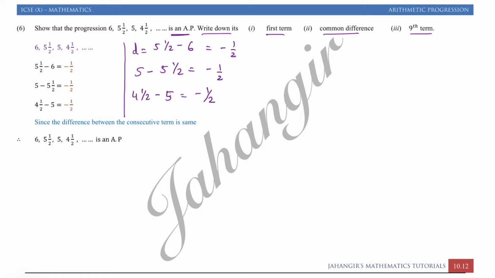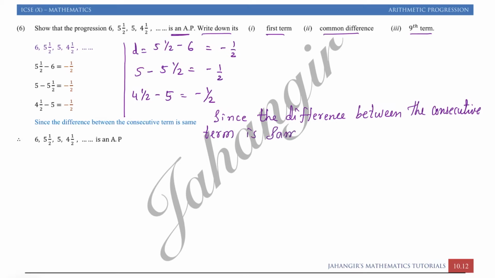Since the difference between the consecutive terms is the same, therefore 6, 5.5, 5, 4.5, and so on is an AP.